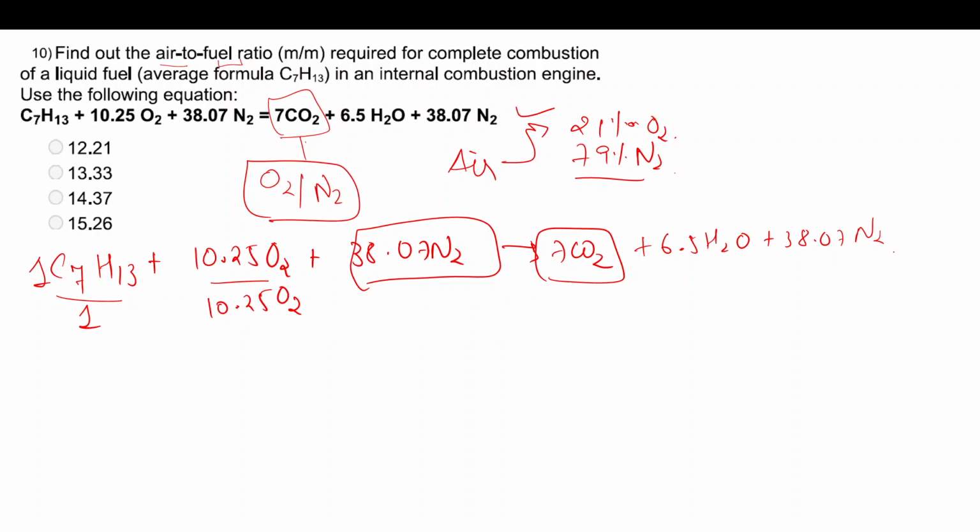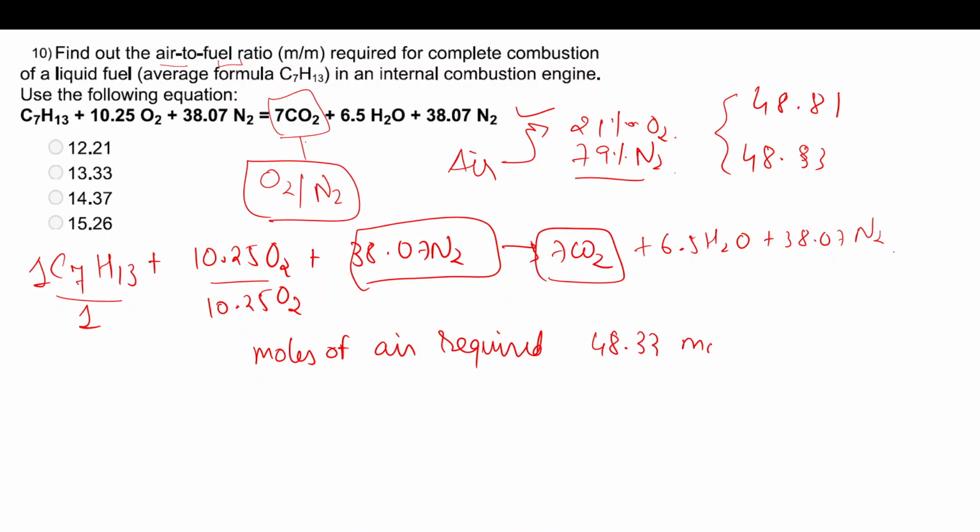If we divide it by 0.21, then it comes out to be 48.81, and if we add 10.25 plus 38.07, the addition of both the moles comes out to be 48.33. So more or less it is the same. So what is given to you is the moles of O2 in the air used. So moles of air required for complete combustion is nothing but 48.33 moles.